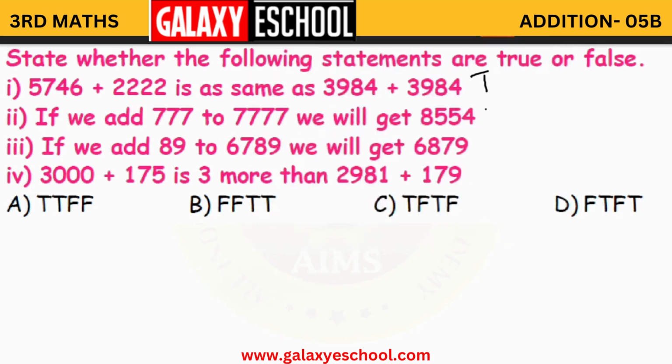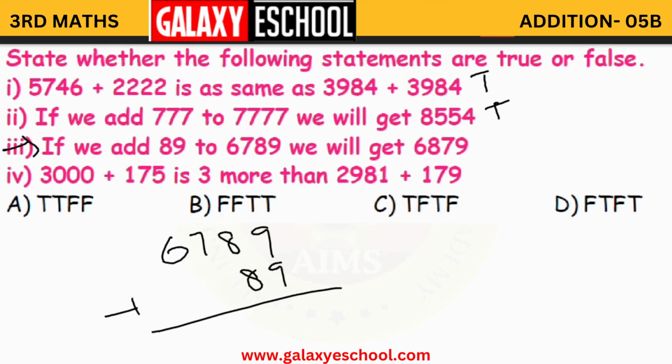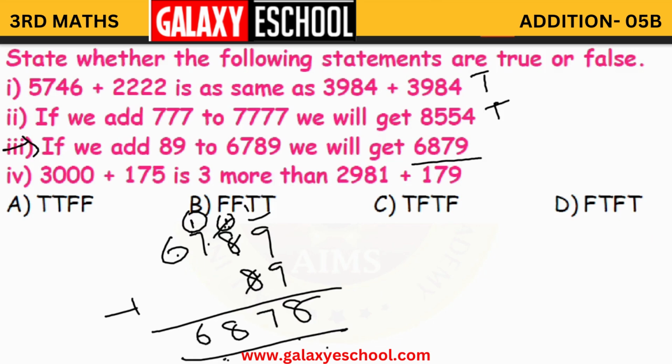Again, if you are not satisfied, let me solve statement number 3 also. If we add 89 to 6789 we will get 6879. Let us see. 9 plus 9 becomes 18, 1 carried, 8 plus 1 is 9, 9 plus 8 is 17, 1 plus 7 is 8 and 6 is the same here, 6878.